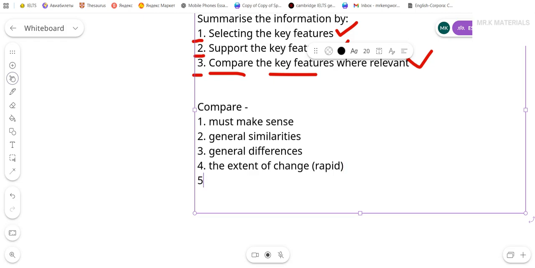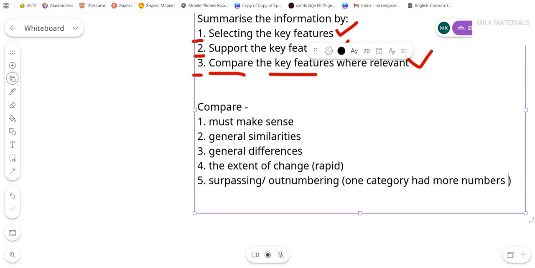Plus, one more thing we have to focus on is surpassing and outnumbering in general. Don't really focus on one year or two years. Focus on general surpassing and general outnumbering, when one category had more numbers than another category.